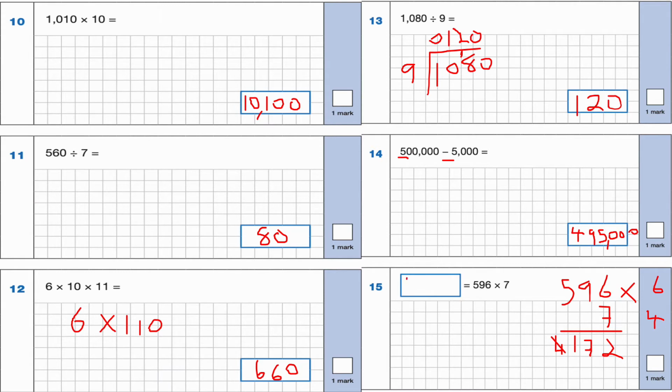So the answer is 4,172, guys. Okay, again, apologies about the lag, guys. I do apologise, but hopefully it's still readable. Okay, that's a 2 there at the end.